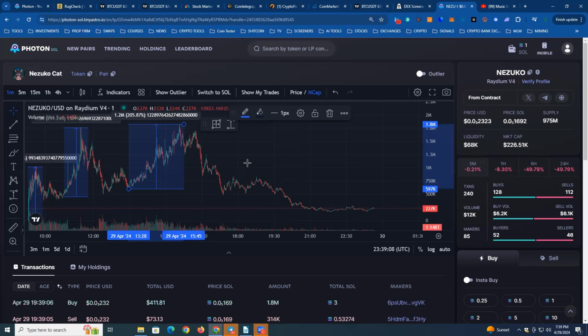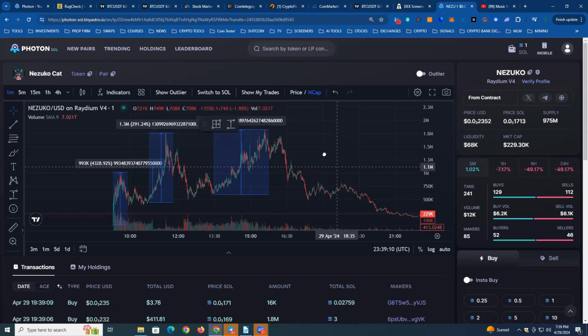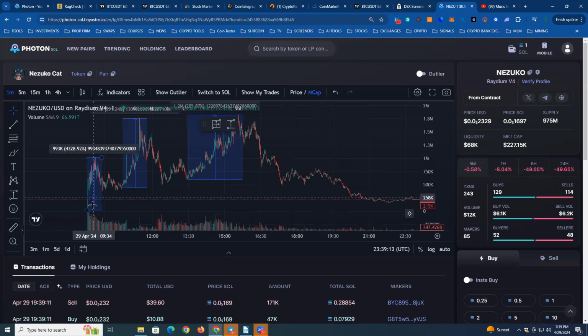keep in mind, ladies and gentlemen, notice the life of this coin. This coin started, my date, where's my date? This coin started the 29th of April today, okay? And at 9:19 thereabouts, and literally by 9:38, you could have gotten a 4,328% move.